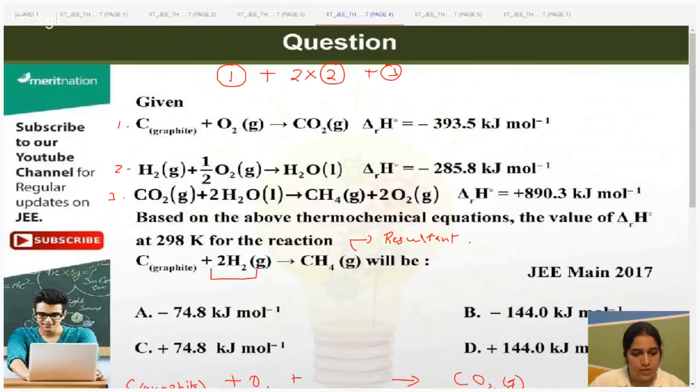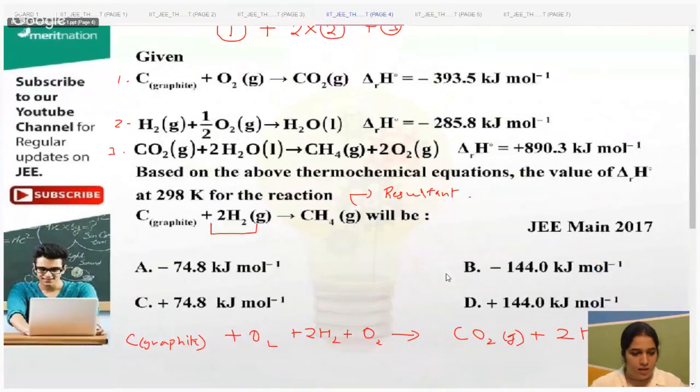So twice of equation 2 gives me 2H2 plus 2 into half, that is 1 O2, plus twice of H2O. Please be specific. If you want to multiply an equation by 2, you will multiply the entire equation. Students tend to multiply the left hand side, but they forget to multiply the right hand side. Please be specific. Be sure about your calculations.